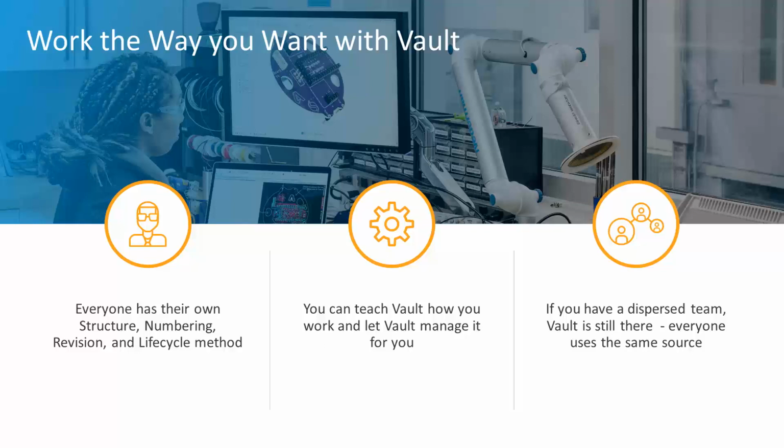Teach it the words you use, this happens, then this happens, and by using centralized data management like Vault, even if you're global and you have a dispersed team, Vault is making sure everyone is using the same source of data.